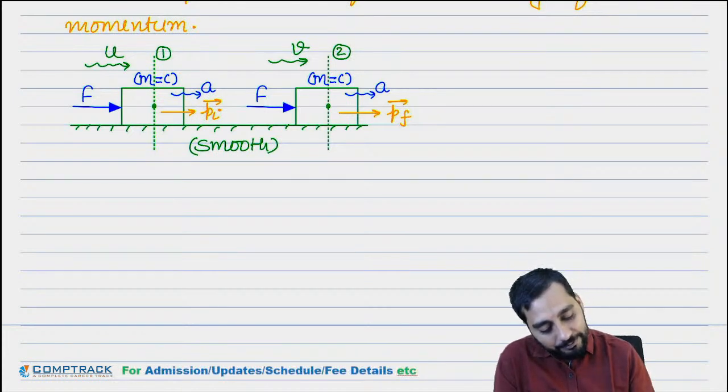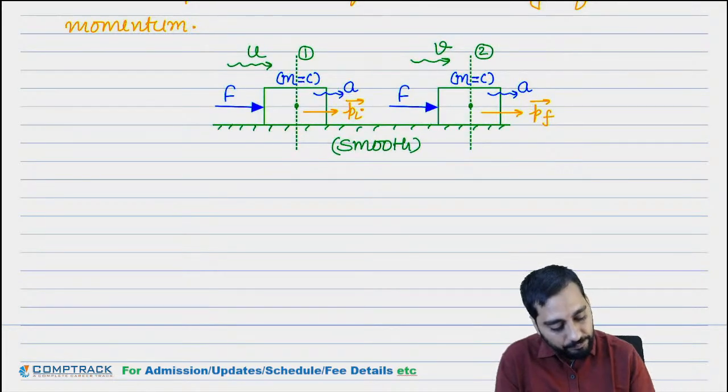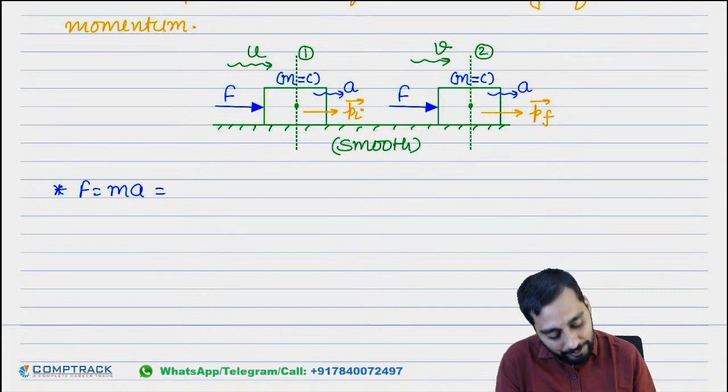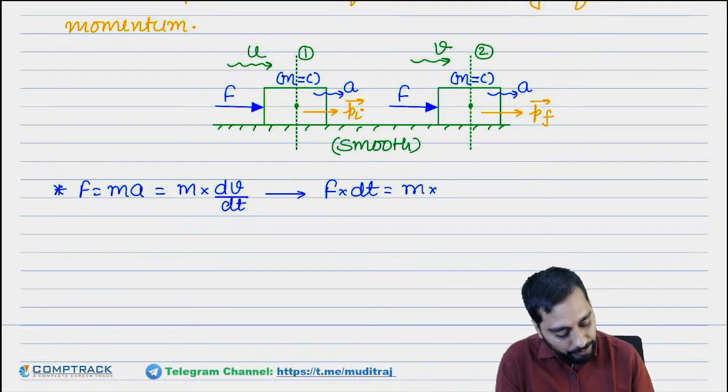What can we write here? You are applying the force F. Mass is constant, so you can write F equals ma, which is m into dv by dt. So you can write F into dt equals m into dv.